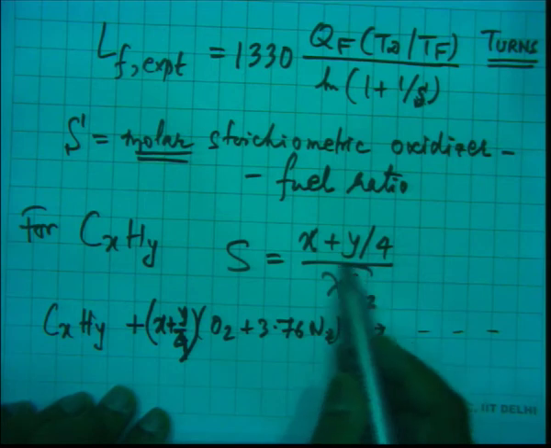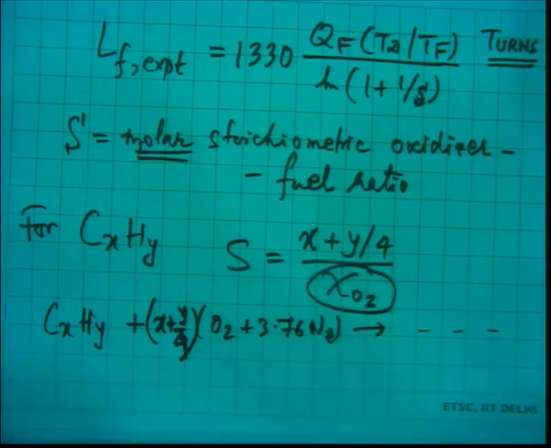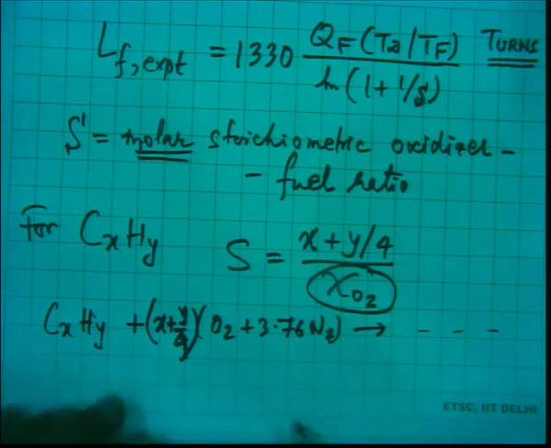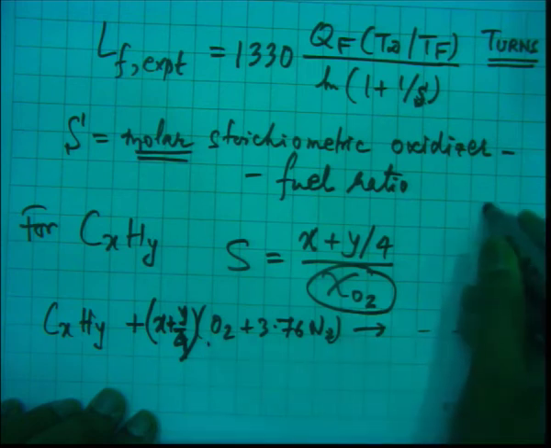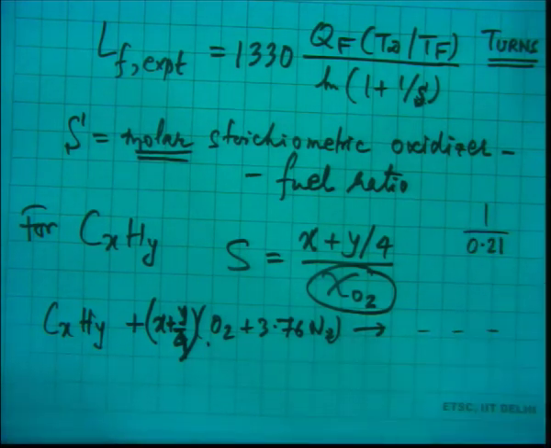So, what is this chi O2? Chi O2 is the mole fraction of oxygen in the oxidizer, and it is actually 0.21, usual case 0.21. What is 1 over 0.21? If you have a calculator, what is the exact value of 1 over 0.21? Anybody?